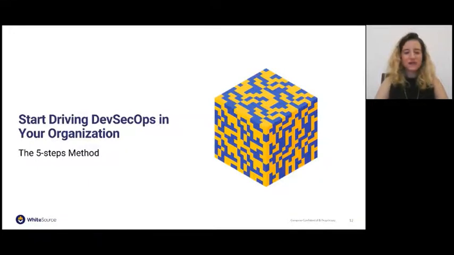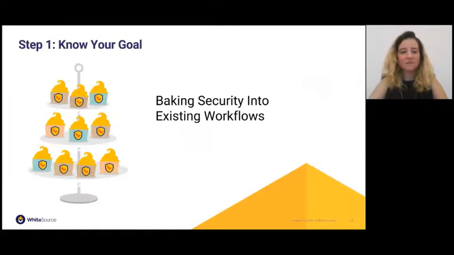So in order to start driving DevSecOps in the organization, we have a 5-step method. Of course, it's the main steps that you have to take in order to start driving DevSecOps in your organization. So the first one is to know the goal. And the goal is usually just to bake security into the existing workflows.